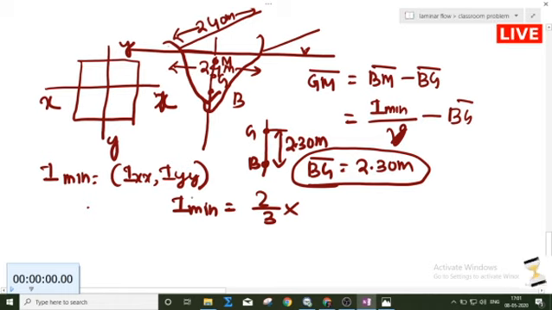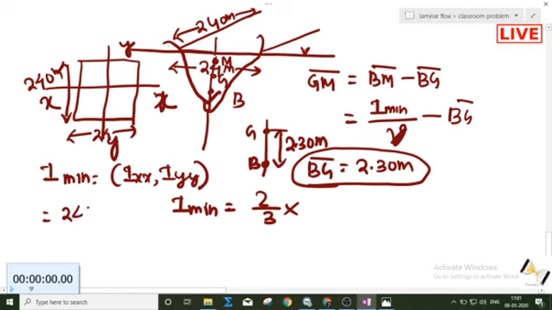Seen from the plan, this is 24 meters and this is 240 meters.